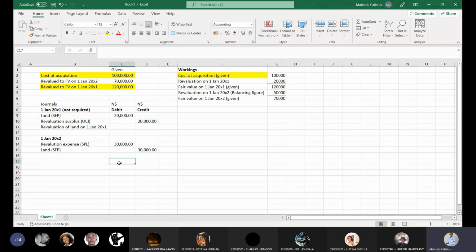That is what I'm asking. What journal would you have? I would have revaluation expense debited with 50,000 and land credited with 50,000.